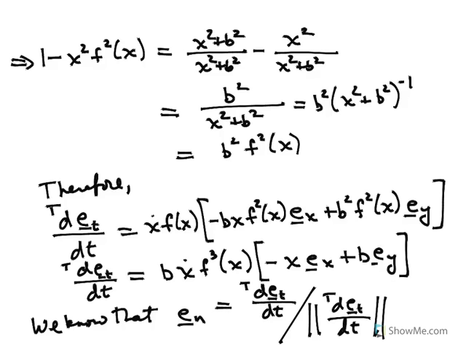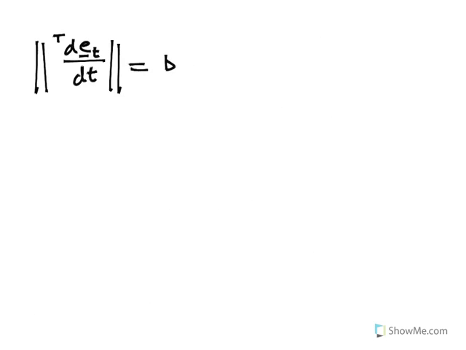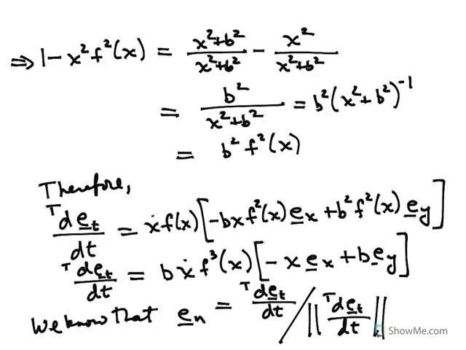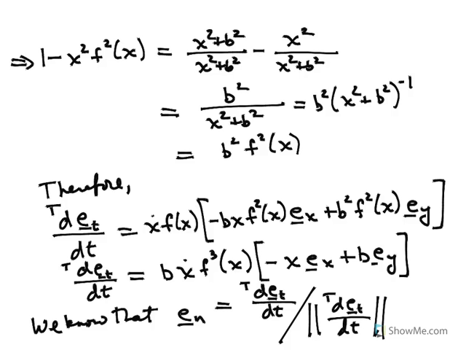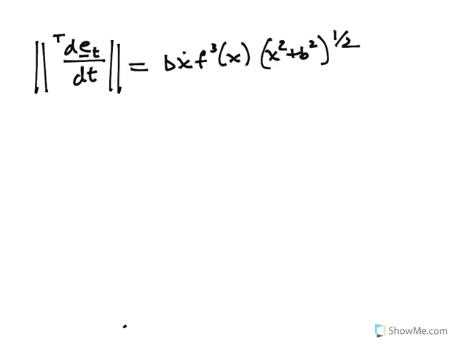Well, that's equal to, if I assume x dot is positive, I got b times x dot times f cubed of x. And then I have the quantity, that's the magnitude of the quantity that's in parentheses, which is x squared plus b squared to the 1/2. Now that gets divided out to be able to give me the principal unit normal.